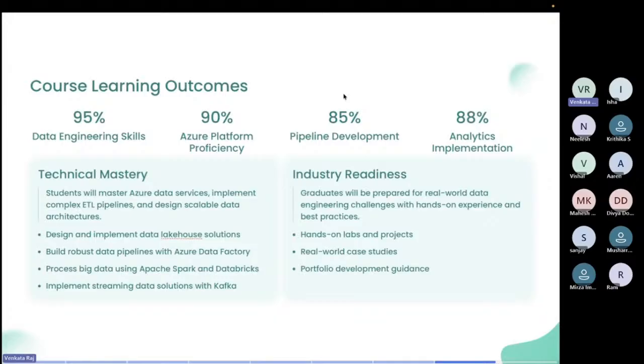There is no straightforward answer to pipeline development. It all comes with discussions and conversations with your peers. So even if someone else tells you that if you do this course you will get end-to-end pipeline development, that is wrong. We will touch base on certain scenarios, but that doesn't mean you will gain 100% knowledge on how a pipeline is developed. I want to highlight that.